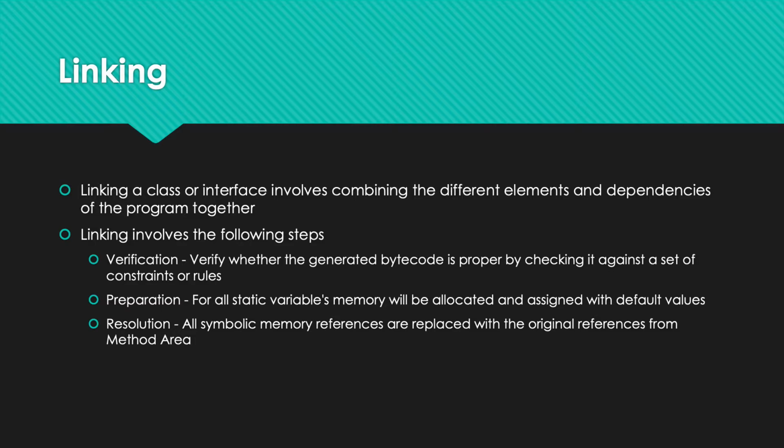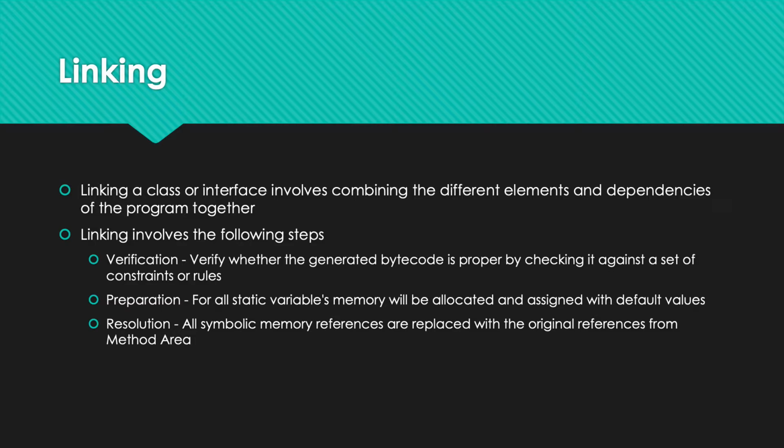Right, so if we move on to the next step, which is preparation. This is where all your static variables get memory allocations and default values assigned to them. So that happens in the preparation phase.